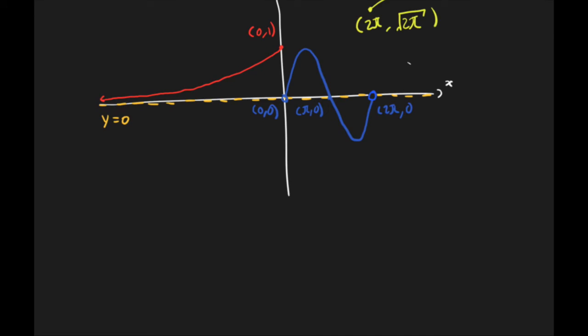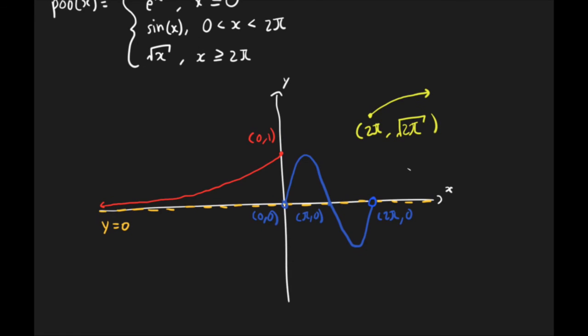One thing I want to mention is that if I accidentally filled in this point here and it was a closed circle, this would not be a function anymore. It would be a relation, but not a function, because for something to be classified as a function, it can only have one y value for every x value.